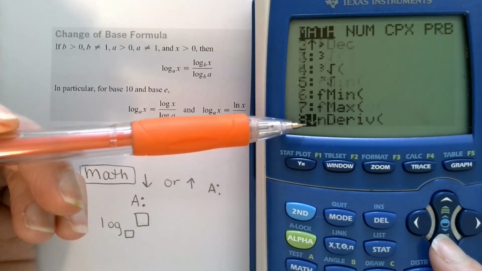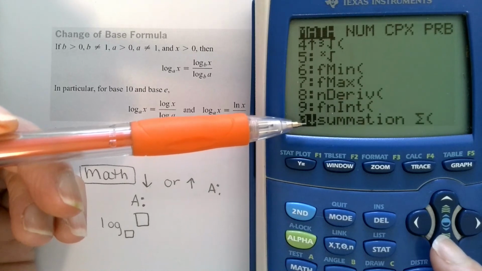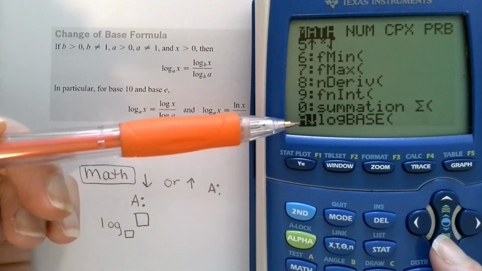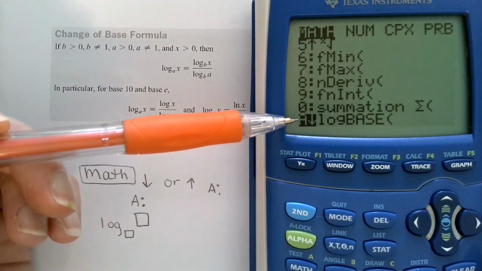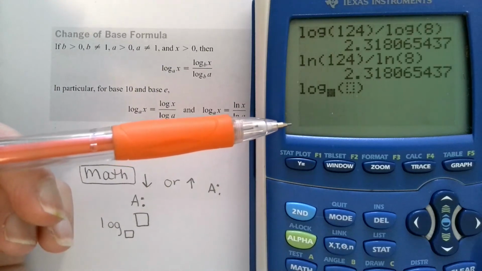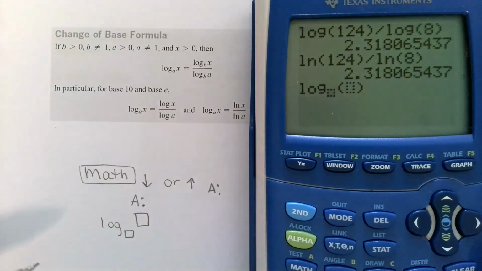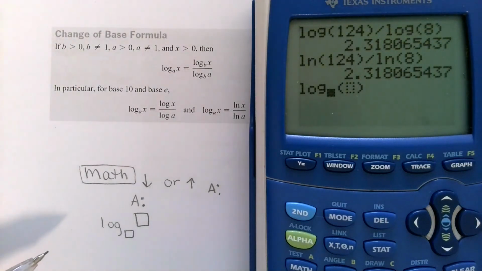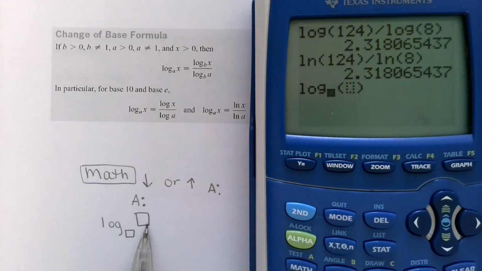So keep going down. We see log base. If I just press enter on log base, I now see the base, subscript, and a place to put the number. Kind of looks like this.